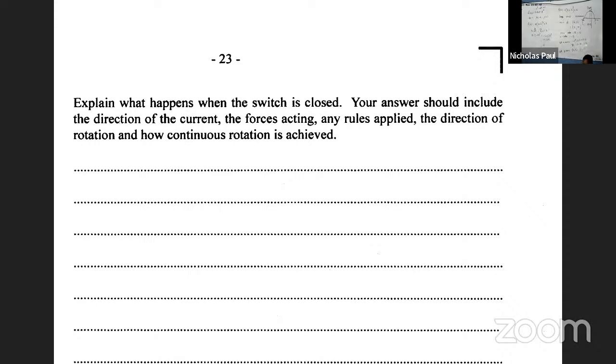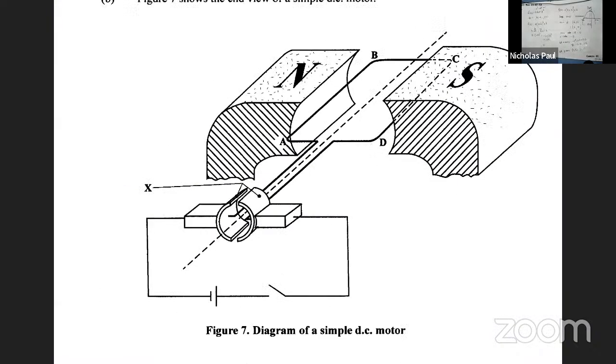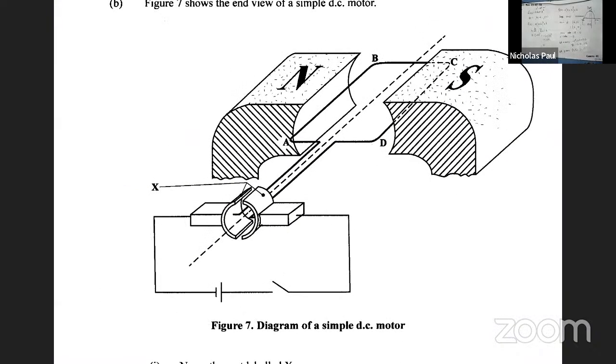Let's see how much you got. So number one, first thing, current direction. When you close the circuit, current will go this way, this way, this way. So current is flowing D to C to B to A. All okay with that?